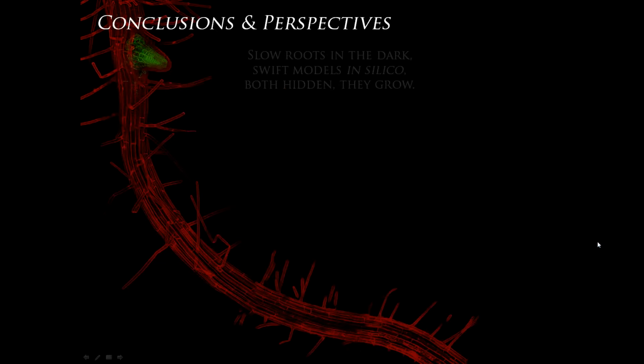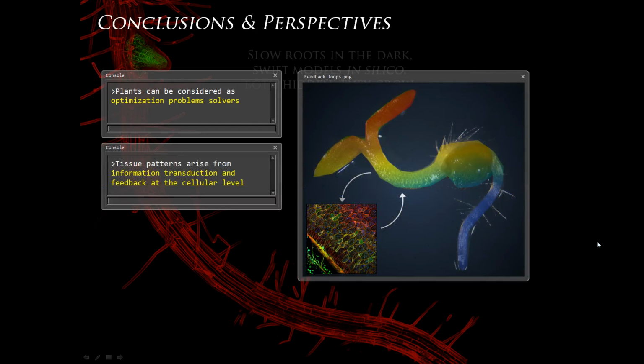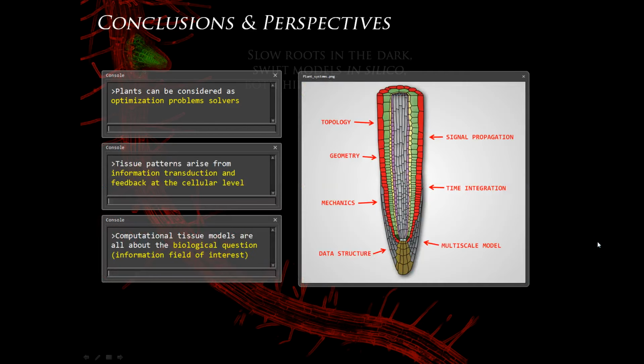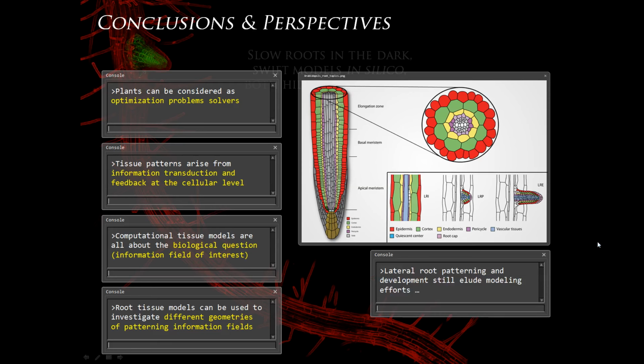So to conclude my talk, I'll just summarize a little bit what we've seen. We've talked about the fact that plants can be considered optimization problem solvers, about the fact that tissue patterns arise from information transduction and feedback at the cell level, about how computational tissue models are all about a biological question and the definition of an information field of interest, and how root tissue models can be used to investigate different geometries of patterning information fields, and also how lateral patterning in development still eludes modeling efforts.